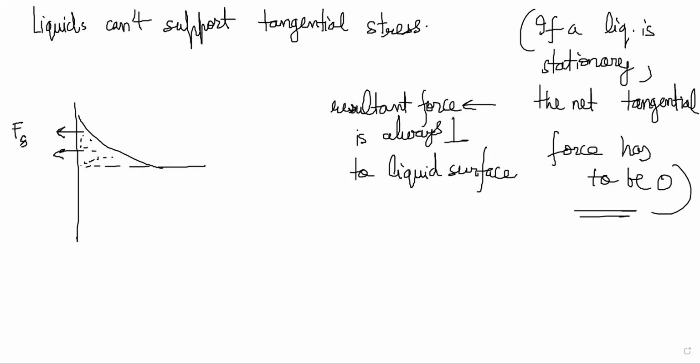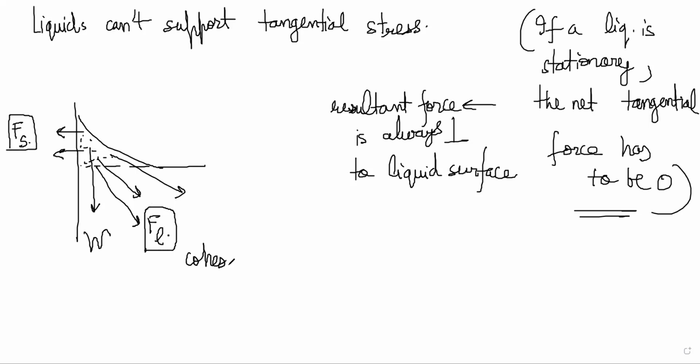This is the attraction of solid molecules to liquid molecules, Fs. Then weight of the liquid, W, and force due to liquid molecules. Liquid molecules are also attracting these. That is a cohesive force, right? This is cohesive, this is adhesive, and there is weight of the liquid. So there are 3 forces happening here, Fs, Fl, and W, right?